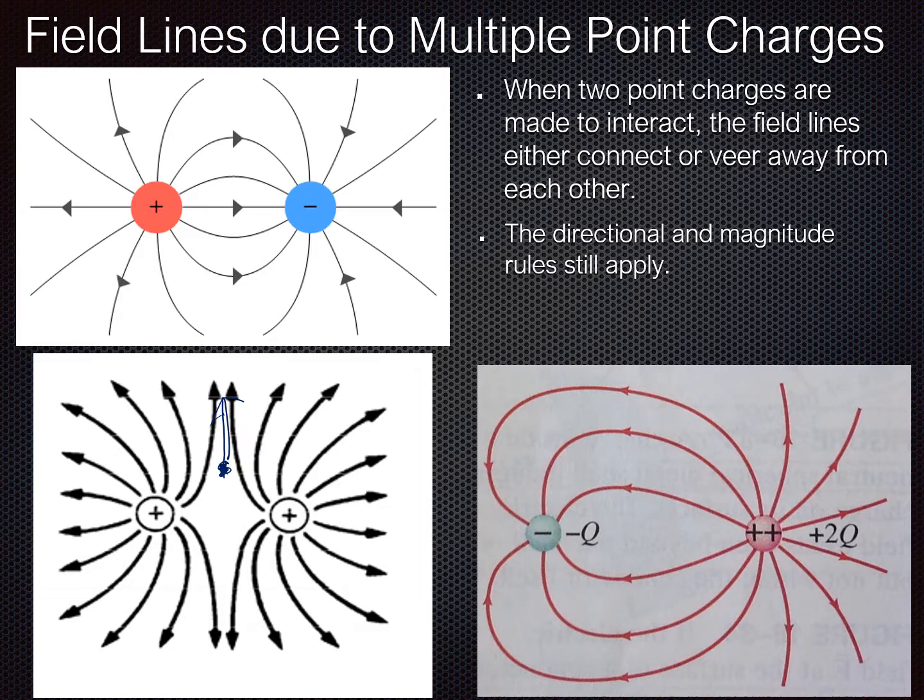Now, if you have an interesting case like this, where you have an imbalance of charges, say on the left you have a single negative charge, and on the right you have a double positive charge. You can see it looks pretty similar to the same case that we had on the upper left, except this time, because the positive charges are stronger, it's actually going to push even harder away than the positive charge that we saw before.